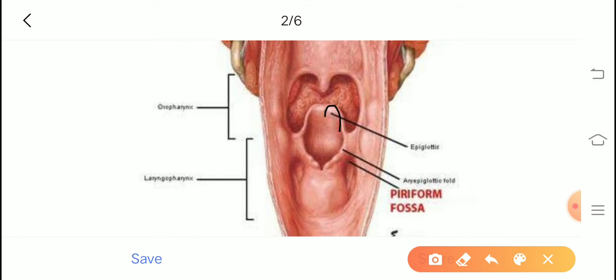So the piriform fossa above is separated from the epiglottic valleculae by the lateral glossoepiglottic fold. This is the glossoepiglottic fold.